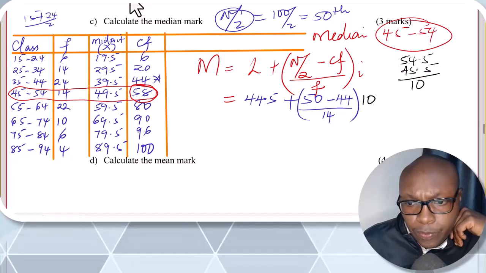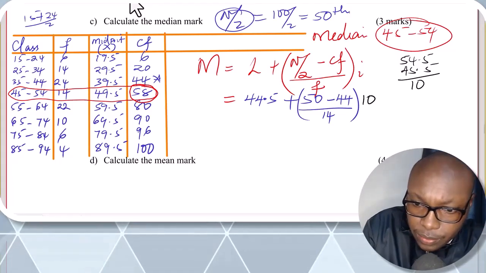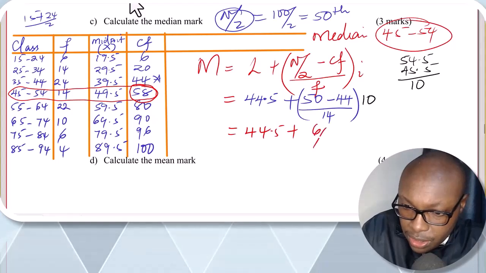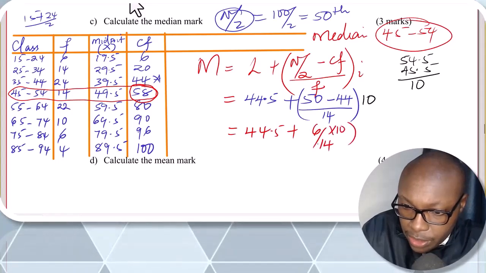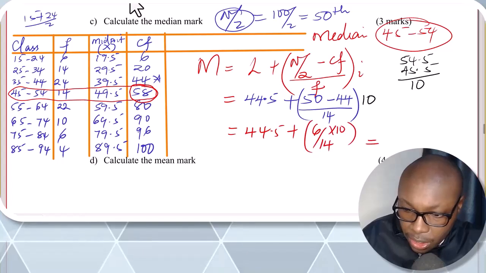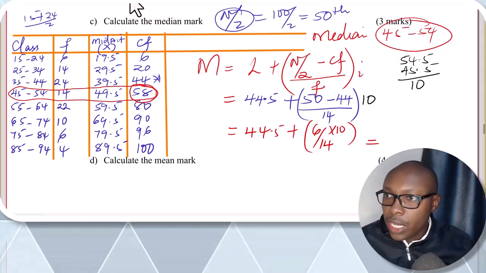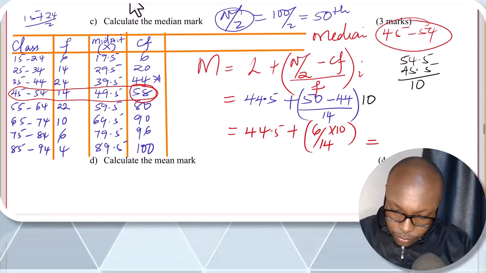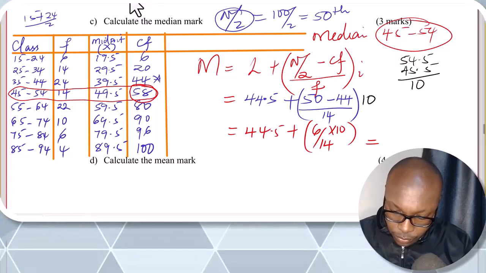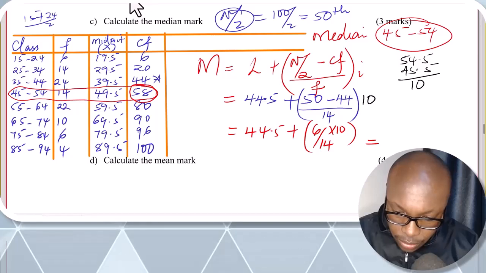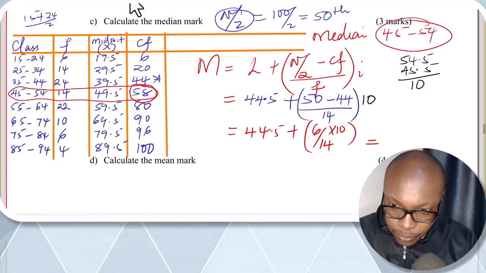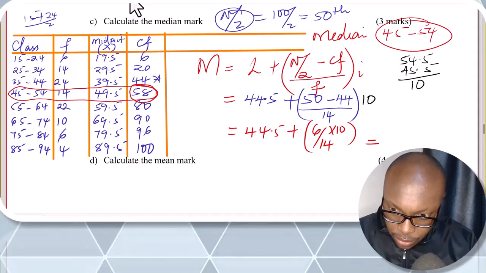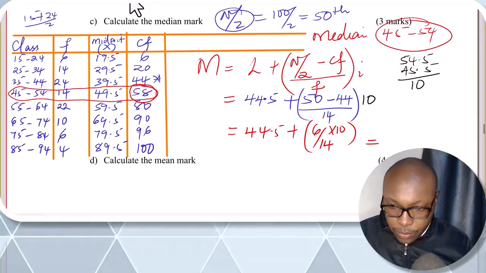Now, after doing that, you can simply use a calculator to work these out. So this will be 44.5 plus 6 divided by 14 multiplied by 10. Use a calculator to work it out. This is what you're going to get: 6 multiplied by 10 is 60, divided by 14.